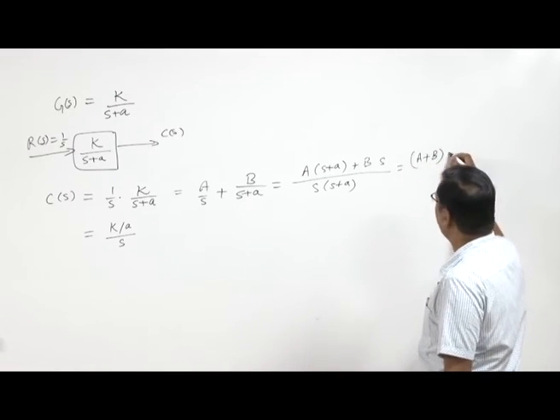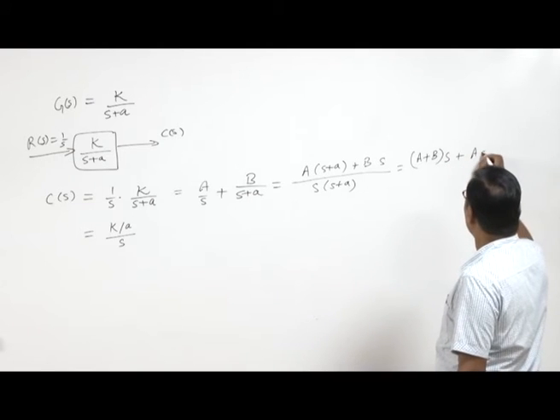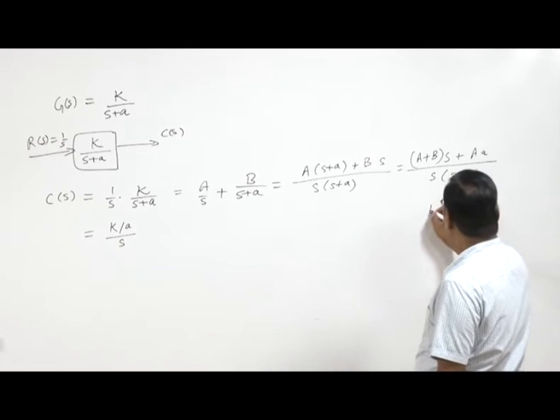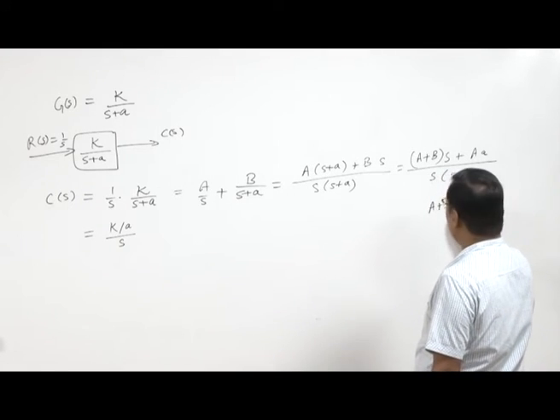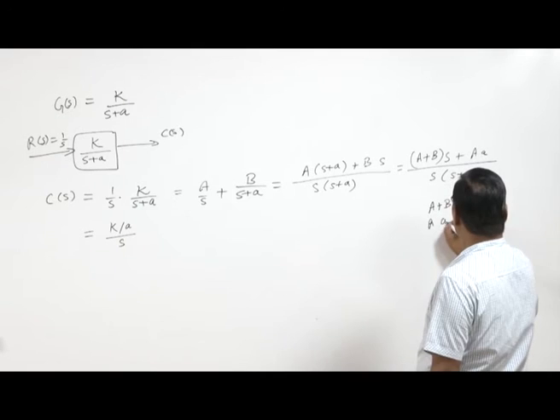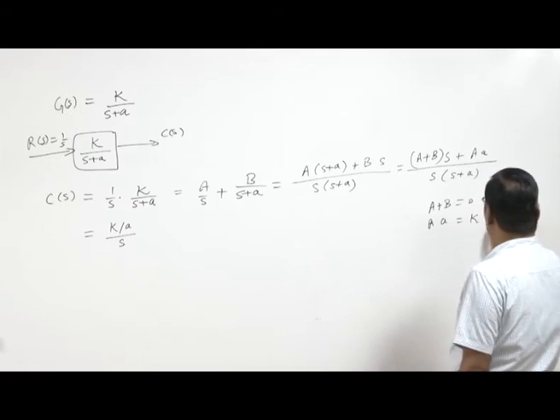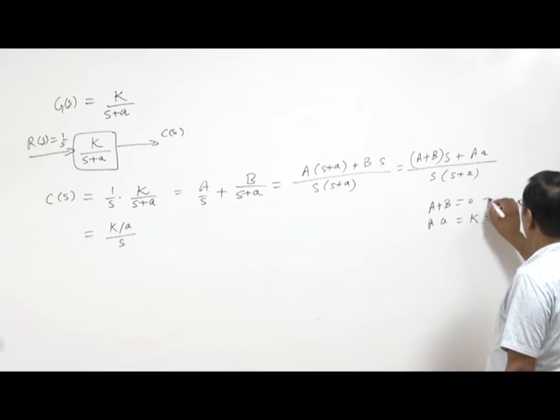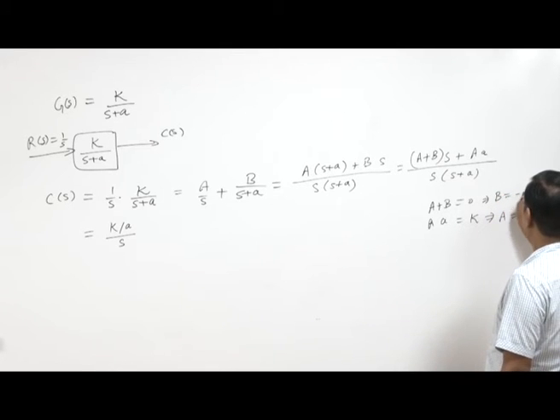So, a plus b s plus a by s s plus a. So, here a plus b equal to 0 and a equal to k. So, we find here a equal to k by a and b equal to minus a, that is equal to minus k by a.